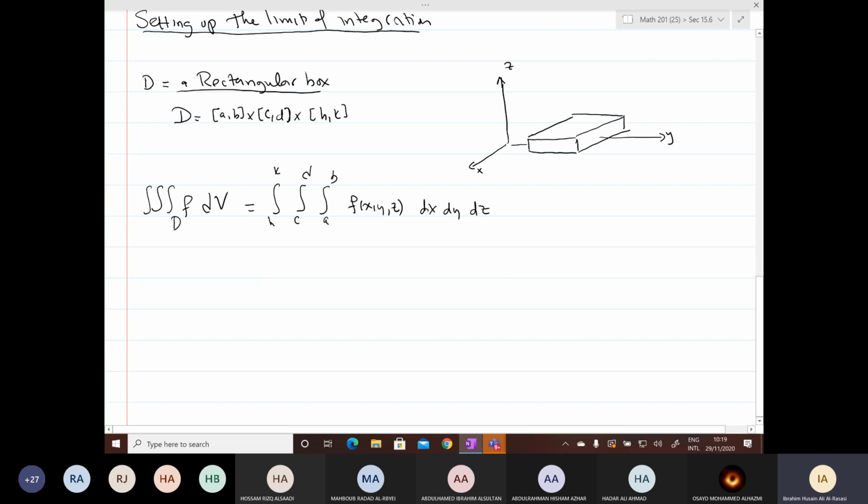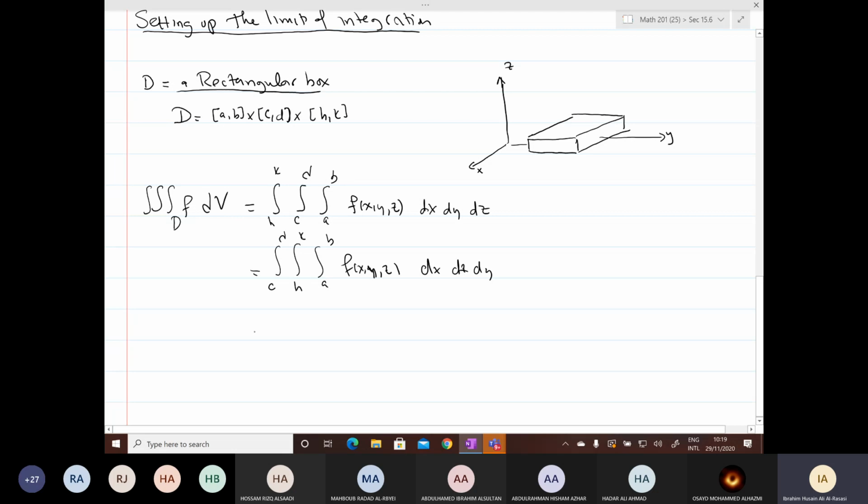Or I can choose the following: dx, then switch between the other two. Instead of dy dz, I can take dz dy. Then the inner x goes from a to b, the middle with respect to z from h to k, and the outer with respect to y from c to d.